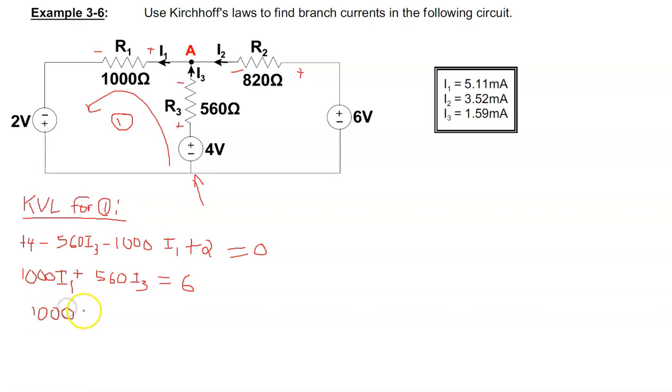So we have 1,000 times I1 is equal to 6 subtract 560 times I3. I keep forgetting my subscript on the I1. So I1 is equal to 6 subtract 560 I3, divided by 1,000.